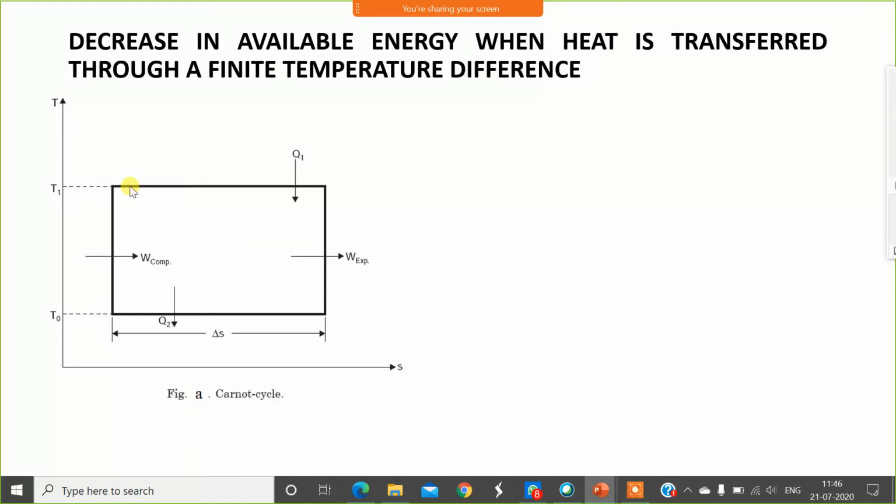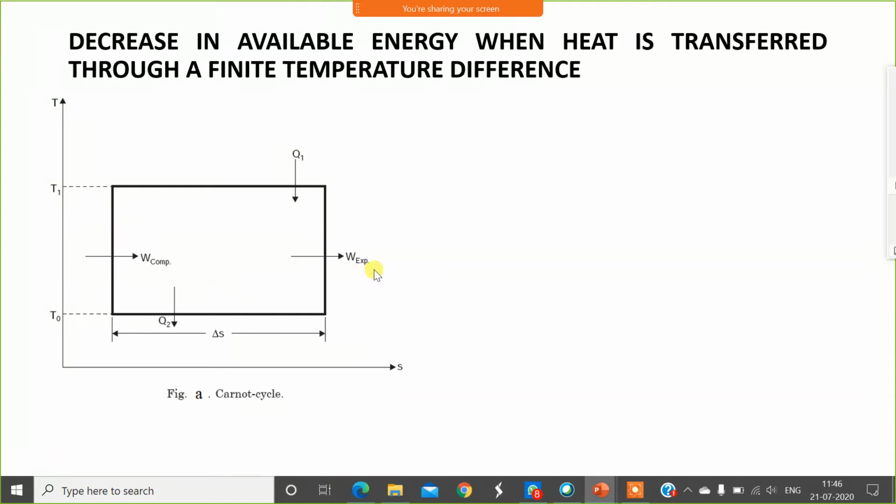Consider first process isothermal heat addition process, second adiabatic expansion process, third isothermal heat rejection process, and fourth adiabatic compression process. In expansion process, system gives the work. In compression process, system absorbs the work.